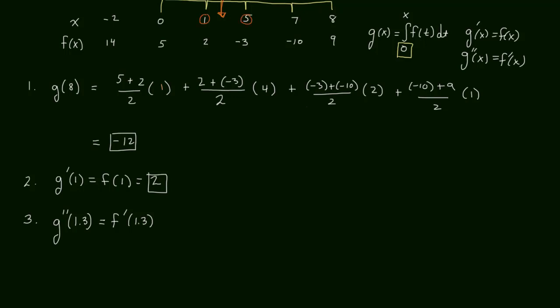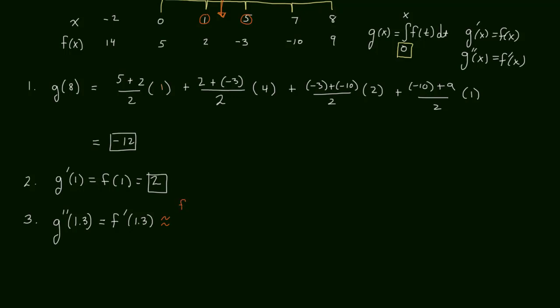We want to find the instantaneous rate of change. And if you recall, to estimate the instantaneous rate of change, we find the average rate of change, but on a small neighborhood. So f prime of 1.3 is approximately the change in f over the change in x on a small neighborhood.